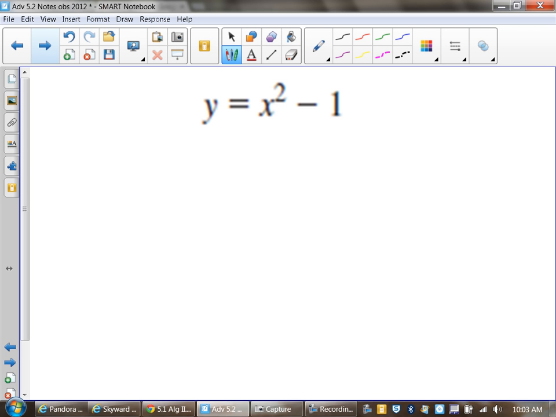Let's take a look here. When you see only two terms, there's no b value. Your b value is 0, so there's no x term. What happens then is you ask yourself the following questions. Is the first term a perfect square? Is x squared a perfect square? Yeah. Is 1 a perfect square?